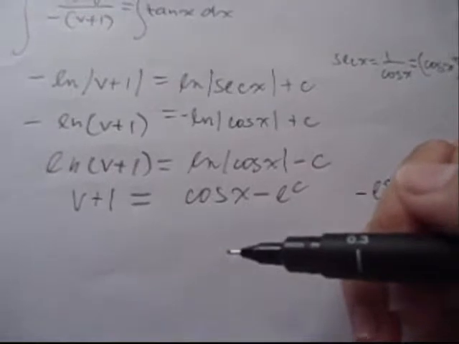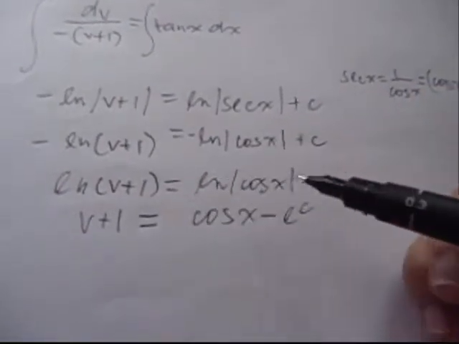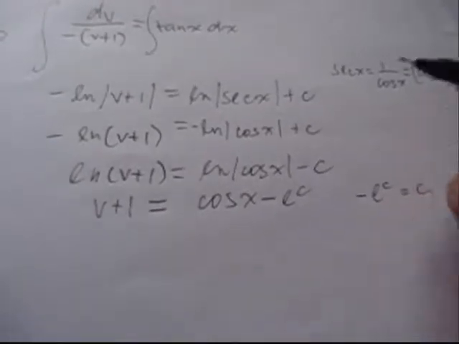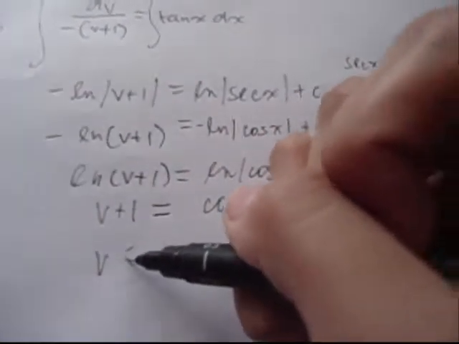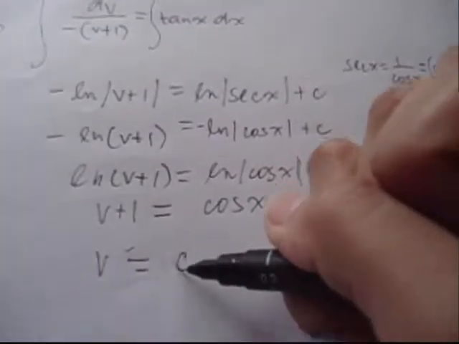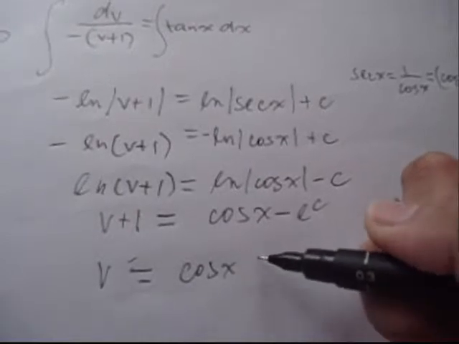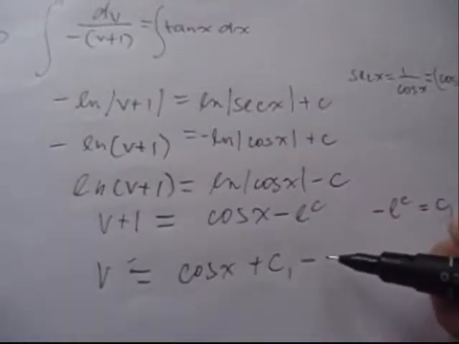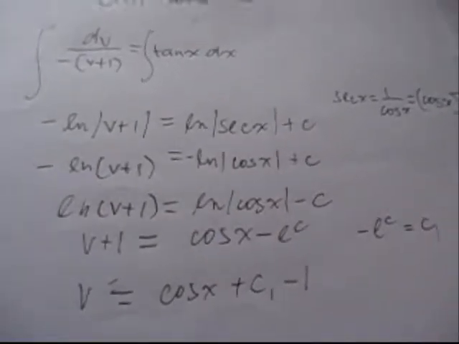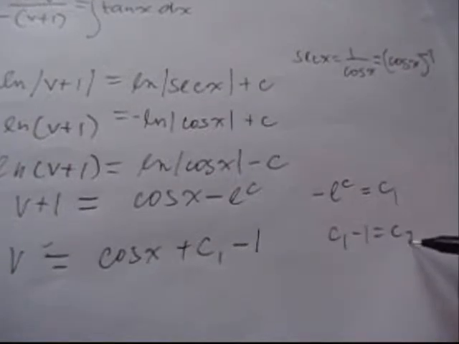Then we will get v from here. So we have v is equal to c1 cosine x minus 1, and let c1 minus 1 as our c2.